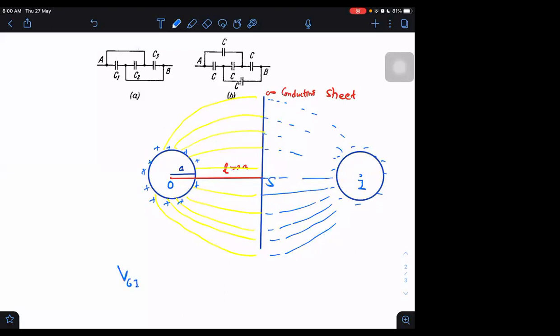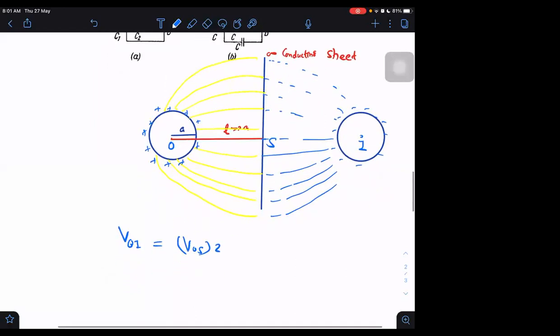We can say V of O to I is, if I is real and actually existing, though actually there is nothing here, V O to I would be V O to S multiplied by 2. But also V O to I will equal the potential due to positive plus that due to the negative, which is 2 times the one due to positive only.